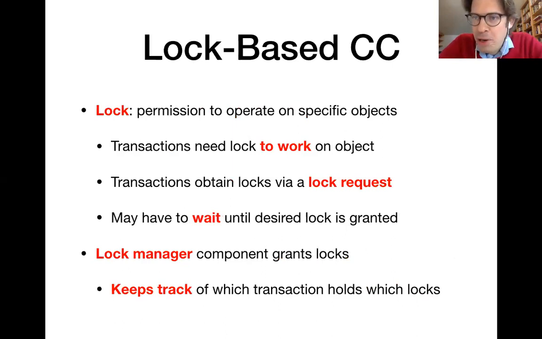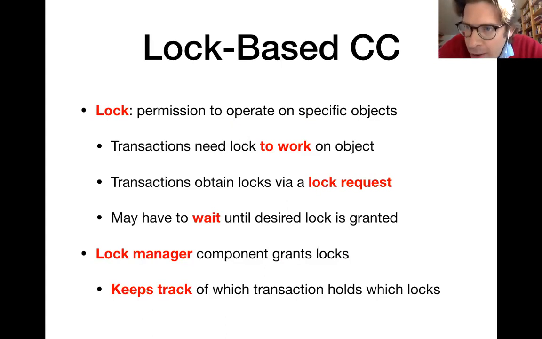Now, a very popular variant of concurrency control is based on locks. A lock generally means the permission to operate on a specific object in your database. And before a transaction can do anything with a database object, which could, for instance, be one row in one specific table, be it a read operation or write operation, it first must acquire a lock.